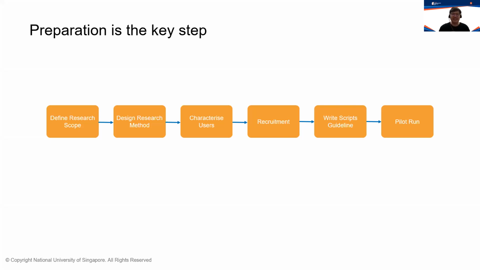So it's better to prepare early to understand the recruitment guideline and process, and what type of recruitment you're going to use. Are you going to do internal recruitment, or hire an agency to help you recruit?